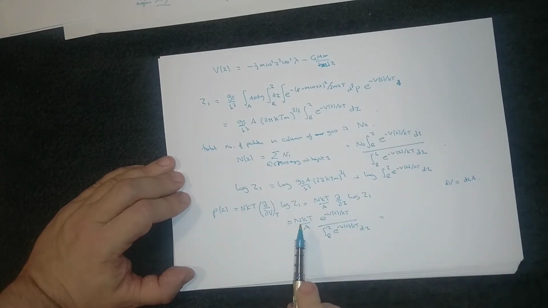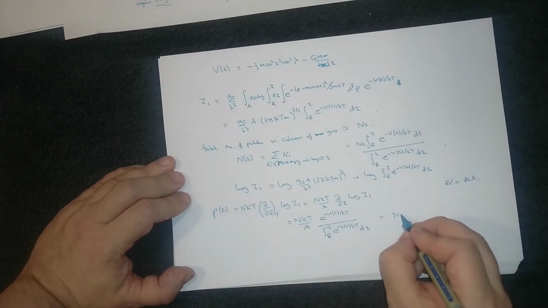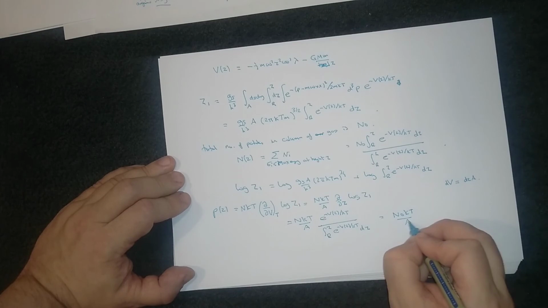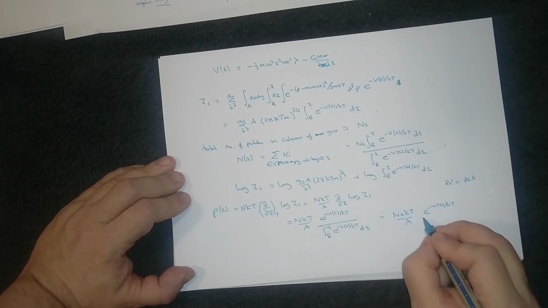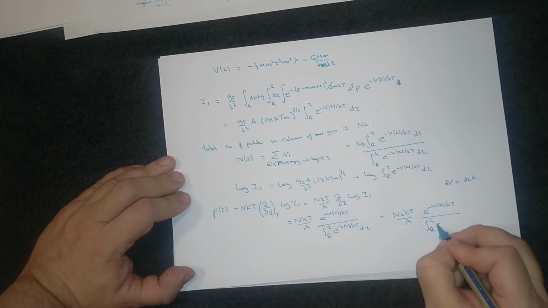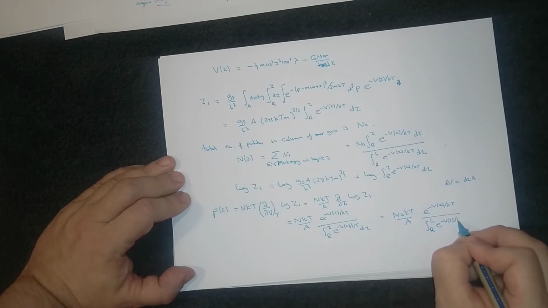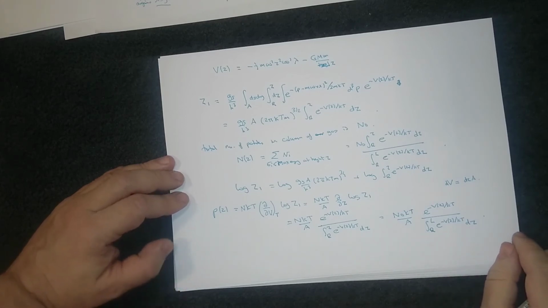Put in the expression for N in this case. That gives me N0 kT over A e to the minus V of z over kT divided by the integral from R up to L now, of e to the minus V of z over kT dz.